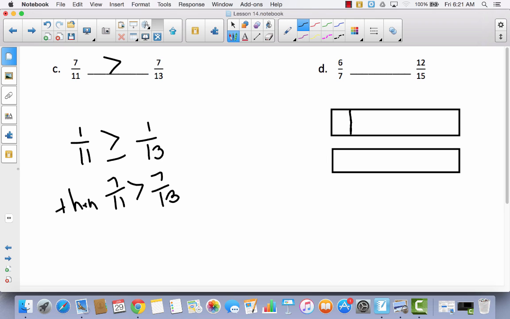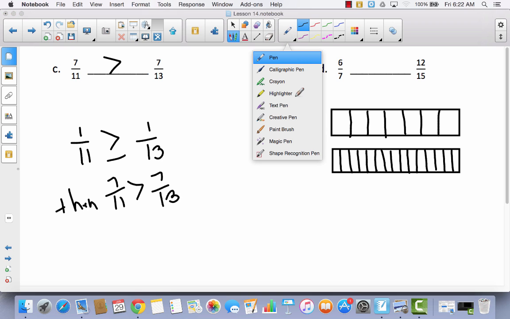That means 6 lines. 1, 2, 3, 4, 5, 6 lines. So 1, 2, 3, 4, 5, 6, 7. And then this one, I'm going to divide into thirds. I'm going to divide each third into 5 parts. So that means 4 lines. 1, 2, 3, 4.